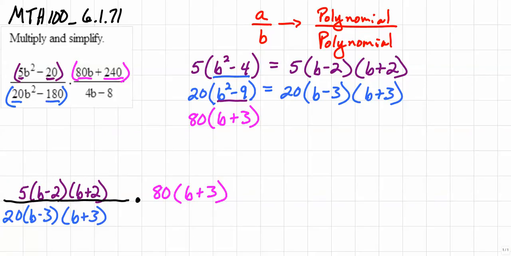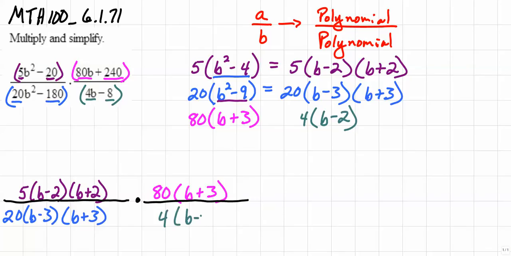And then finally we will check this last one to make sure that we can do some sort of factorization with it, and notice that I can factor 4 out of both terms, and I'll end up with 4 times b minus 2. So then I will put that in the denominator of the second rational expression.